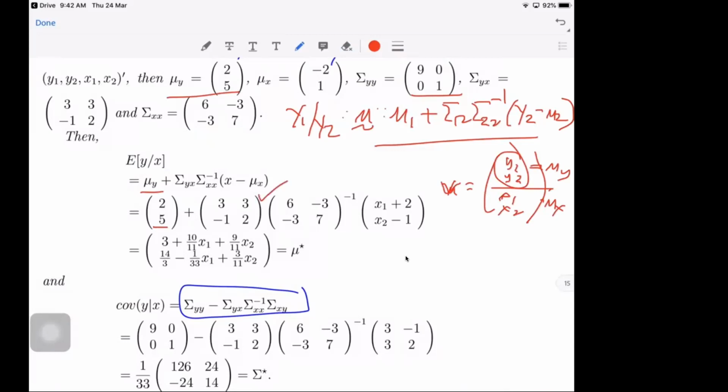So this is your sigma y x, sigma x inverse, and then you have this vector here. That is y2 minus mu2, or equivalently in our notation, x minus mu x.